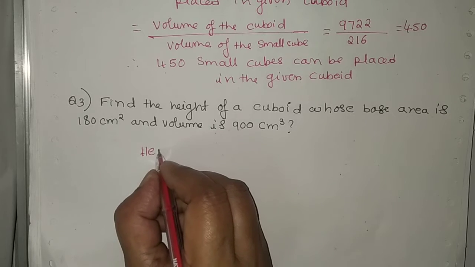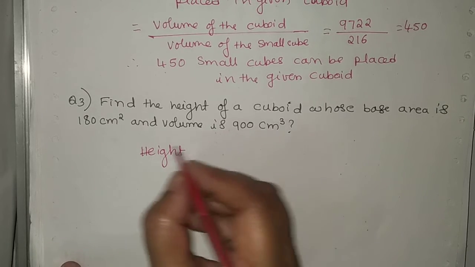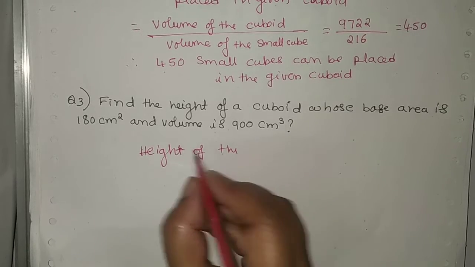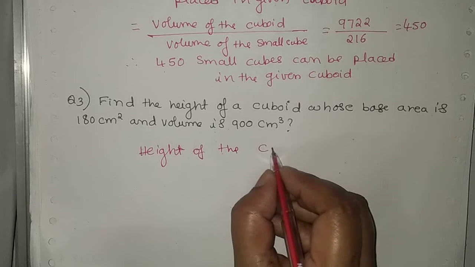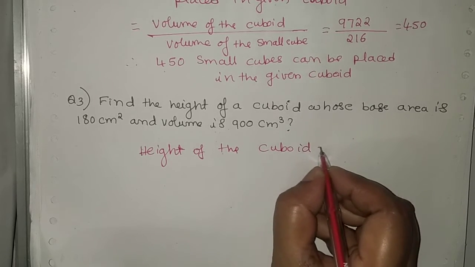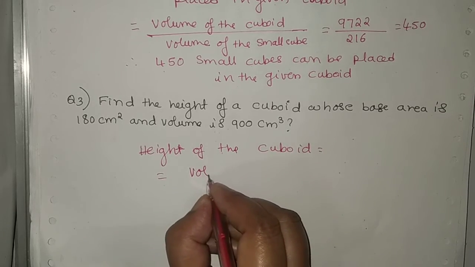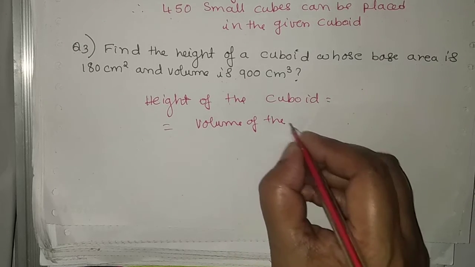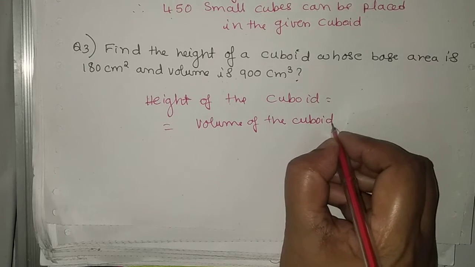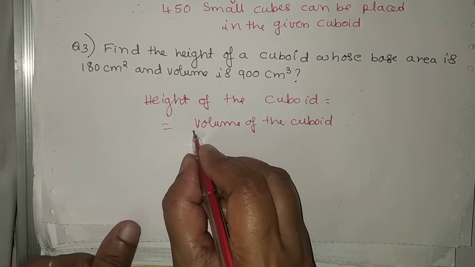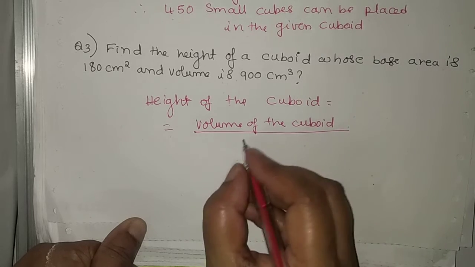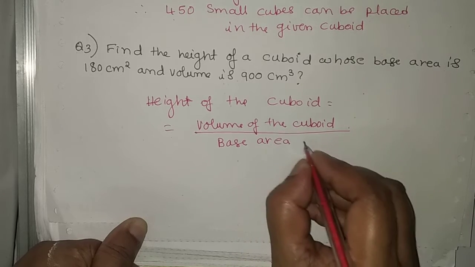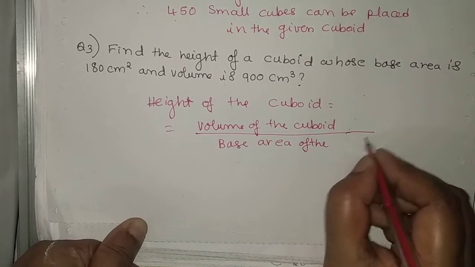The height of the cuboid is equal to the volume of the cuboid divided by the base area of the cuboid.